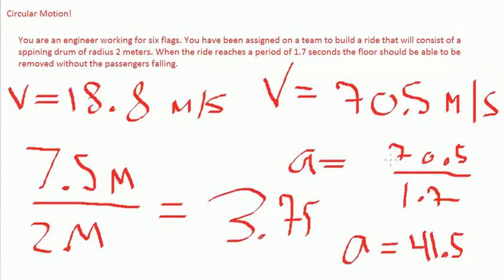So going back to the inherent question, what characteristics of the ride would ensure the riders will remain stuck to the wall? It would just need to reach the speed of 70.5 meters per second in the allotted time. So it would have to have the mechanical capability of accelerating at 41.5 meters per second squared, which is practical because it is a small circle.